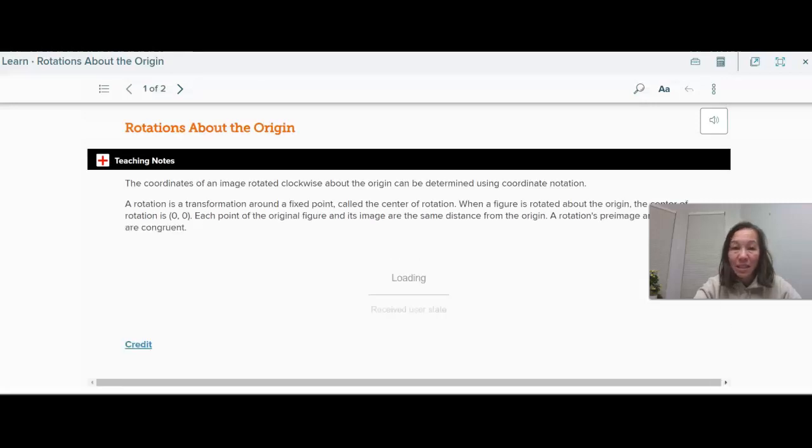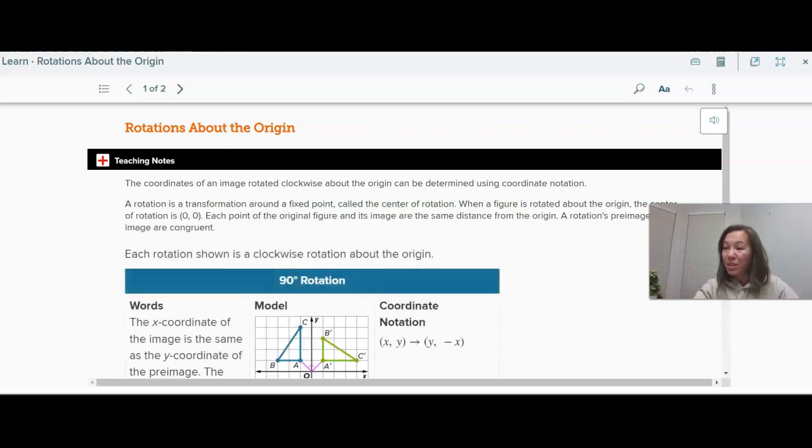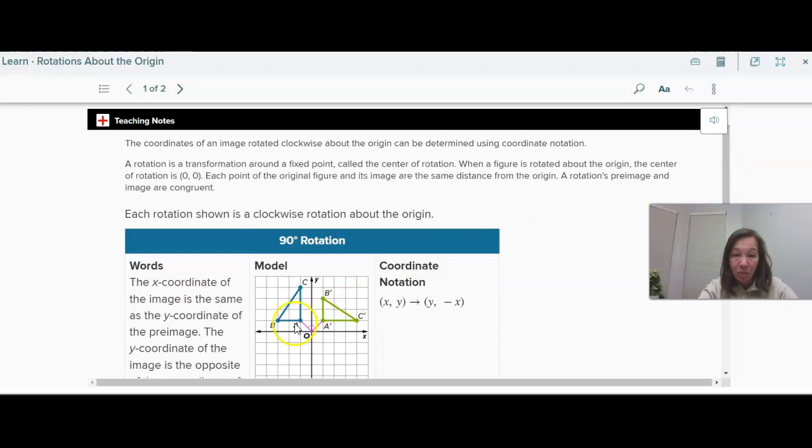So the nice thing is we can actually use coordinate notation to make the rotations a little bit easier, in particular when we're rotating about the origin. If you look at that example, the center of rotation was one point on the graph, but your center of rotation is not always going to necessarily be one of these points. In this case, the center of rotation is the origin.